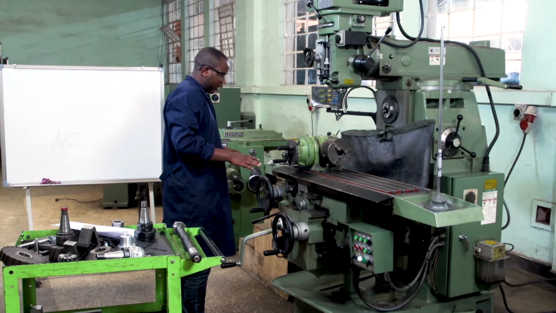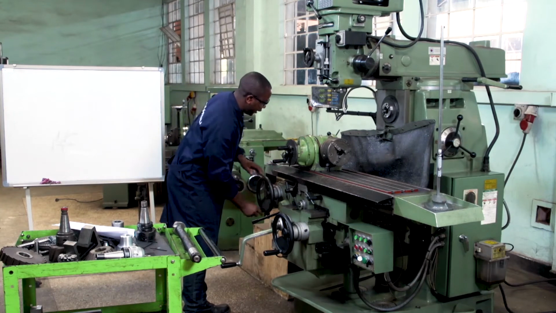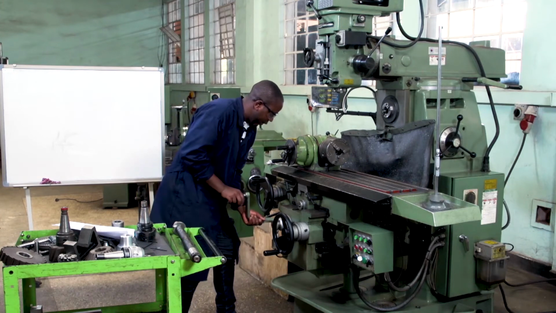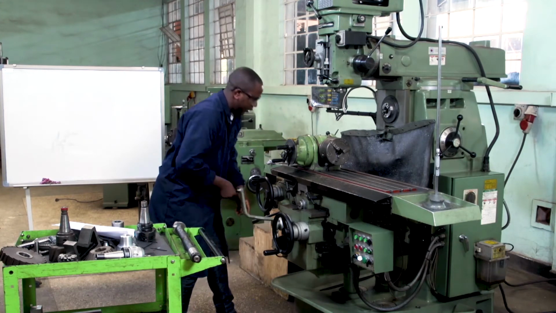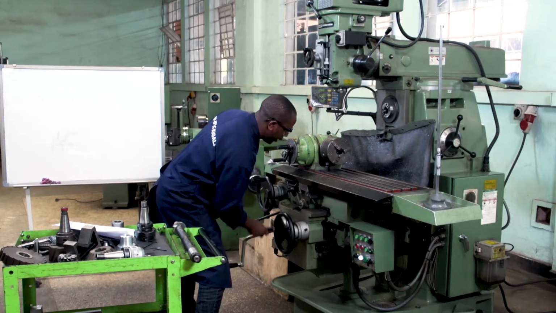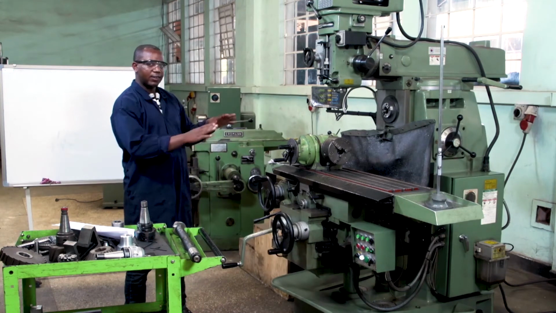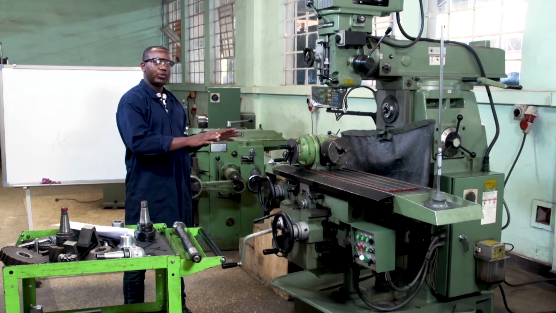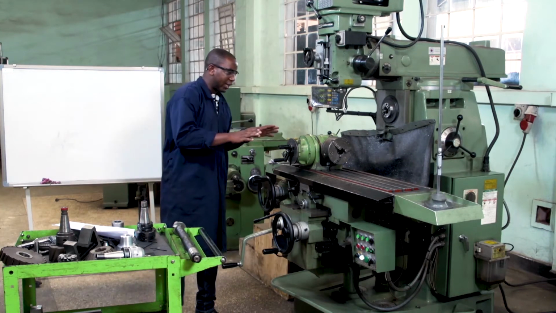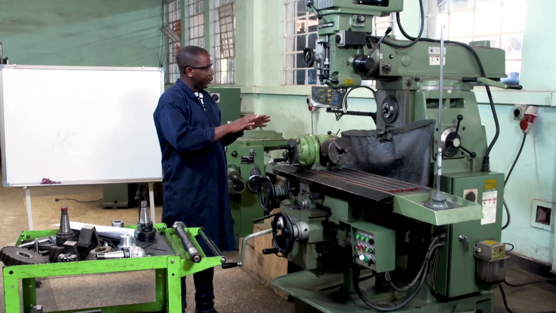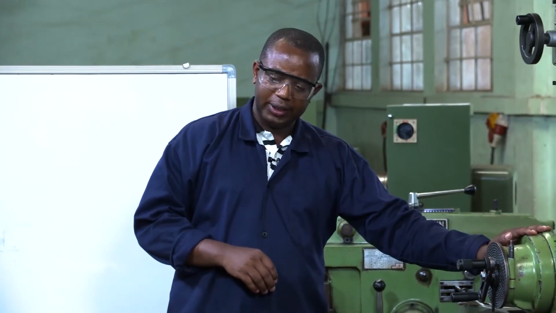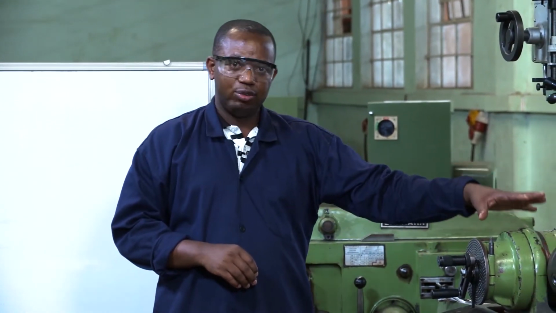It means that the machine can move along the x-axis, the z-axis, and the y-axis. This three-dimensional axis motion is very important for a milling machine so that the operator can handle each work task. Another important accessory for milling we have here is the dividing head.